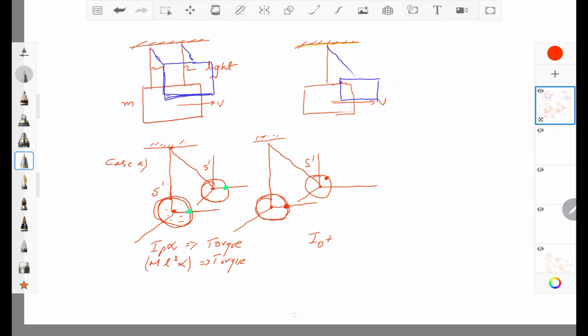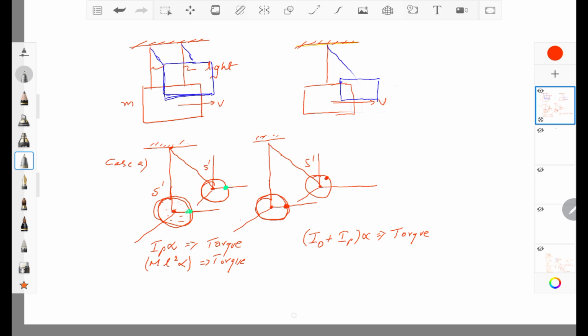Torque is the same over here, I naught, and then I_P. I_P into alpha is equal to torque, now with the sign being taken into account.